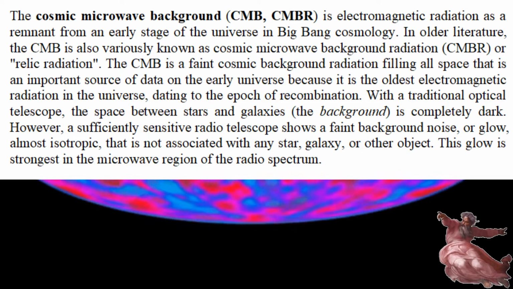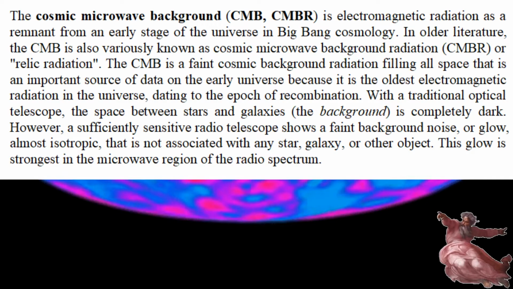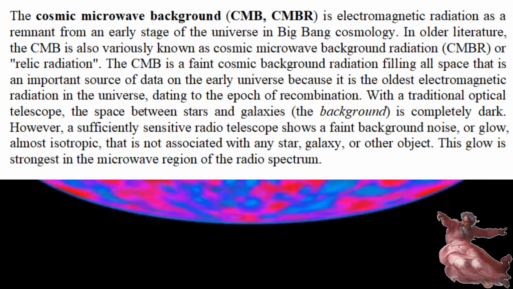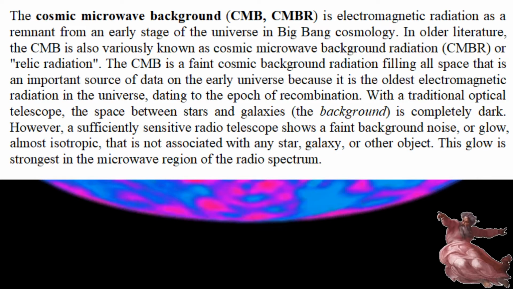However, a sufficiently sensitive radio telescope shows a faint background noise or glow, almost isotropic, that is, not associated with any star, galaxy, or other object. This glow is strongest in the microwave region of the radio spectrum. So that's essentially the CMB. That's a description; it's just a relic of the early explosion.